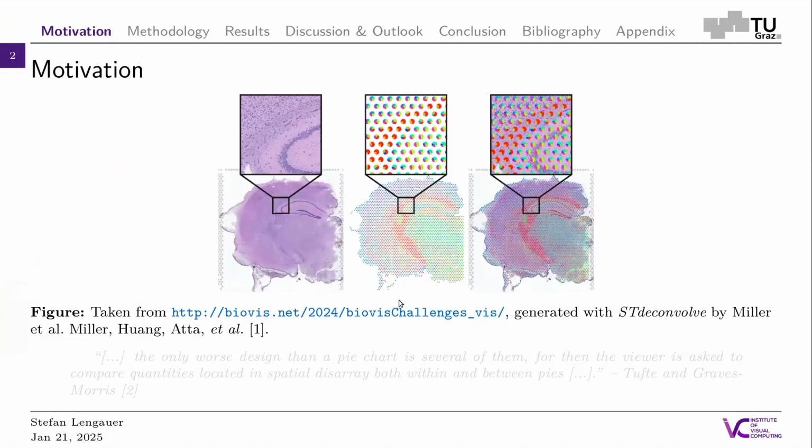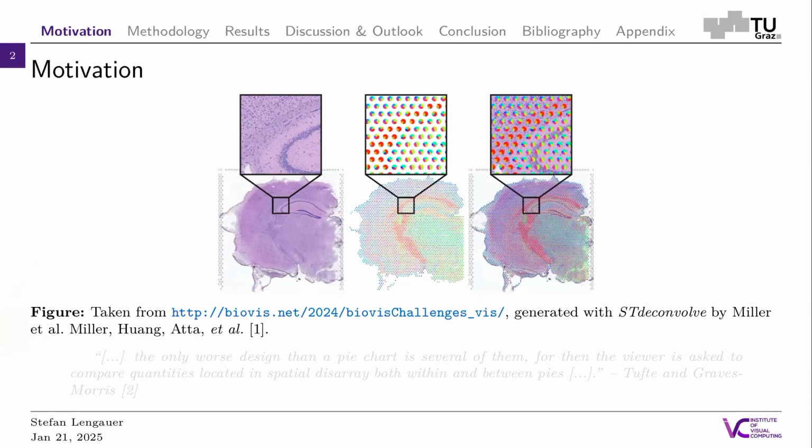Okay, the idea for this design originates from, as mentioned, the Biomed VUES challenge at IEEE VUES last year. So in general, a key challenge for cell biologists lies in the understanding of spatial patterns in tissue samples. And the key technique employed in this context is called transcriptomics and refers to the simultaneous capturing of gene expressions as well as spatial coordinates.